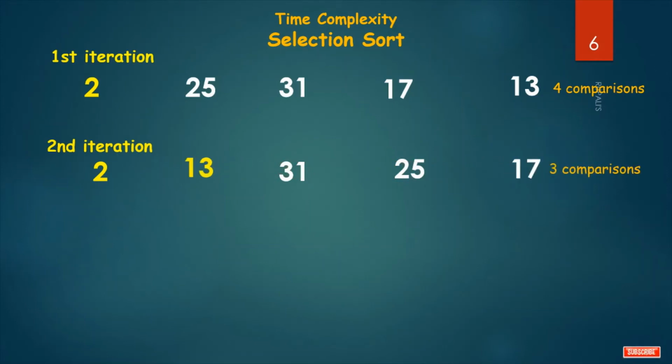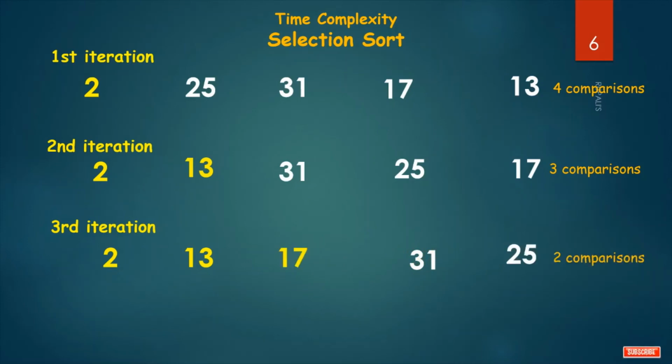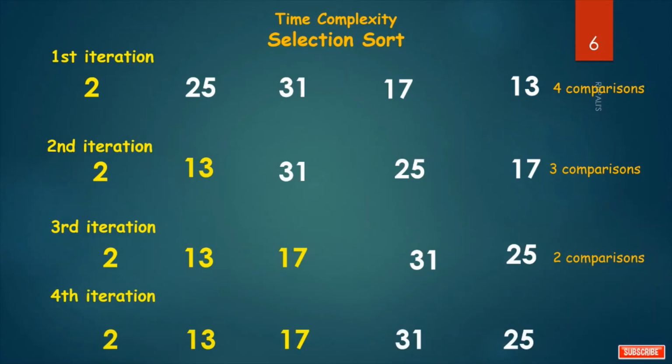In the third iteration, you have to compare the third element with the rest. So the comparisons are 1, if swapping is required swap, then 2, if swapping is required swap. So 2 comparisons are required. In the fourth iteration, you have to compare the fourth place with the rest, and if swapping is required swap.